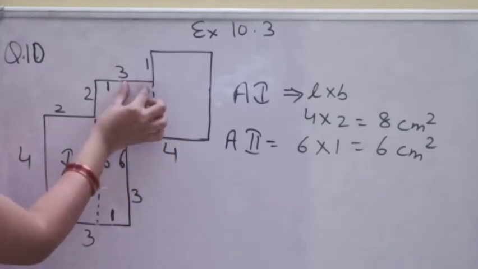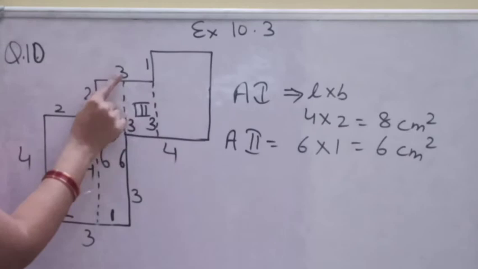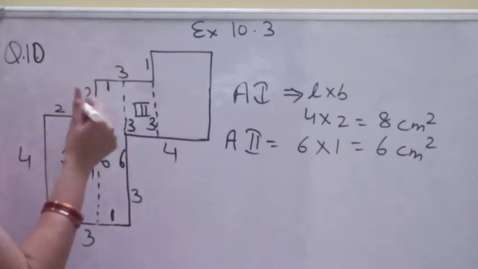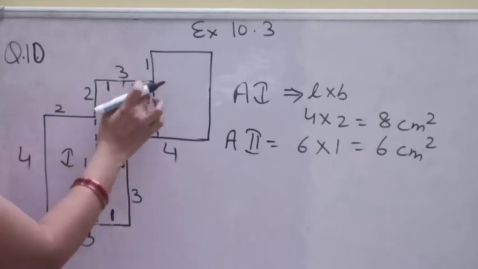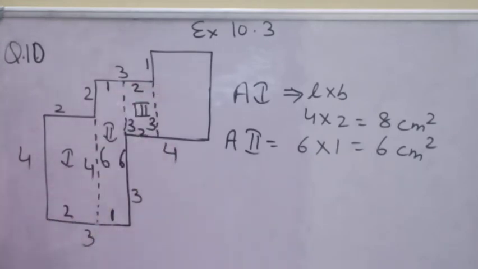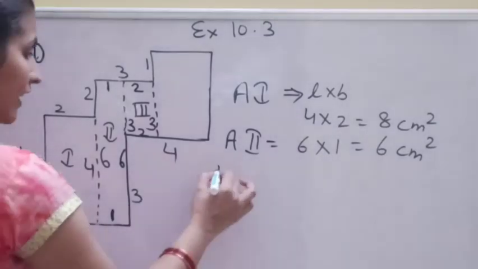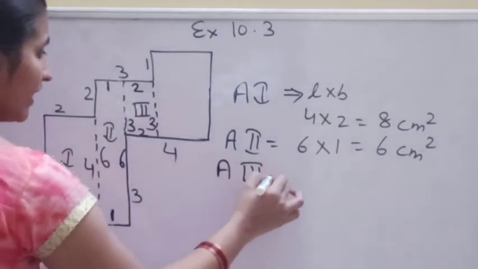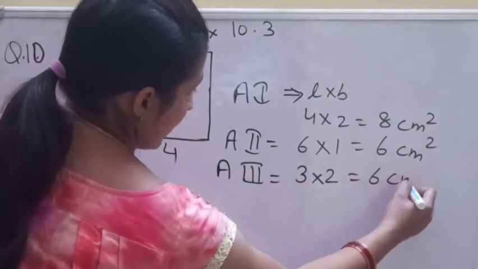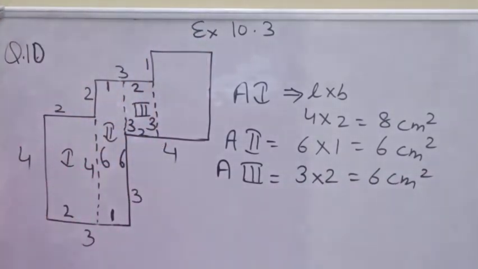Now this we have to find. This complete is given as 3. This much is 1. So this remaining one is 2. This is 2. So in front part we are having 2. So this is your third rectangle. So area of third rectangle is 3 into 2, that is 6 centimeter square.